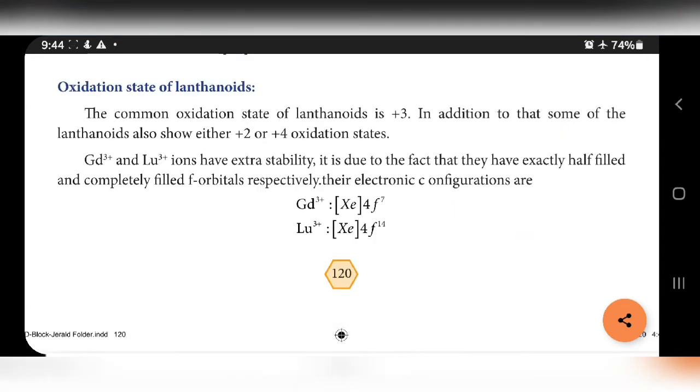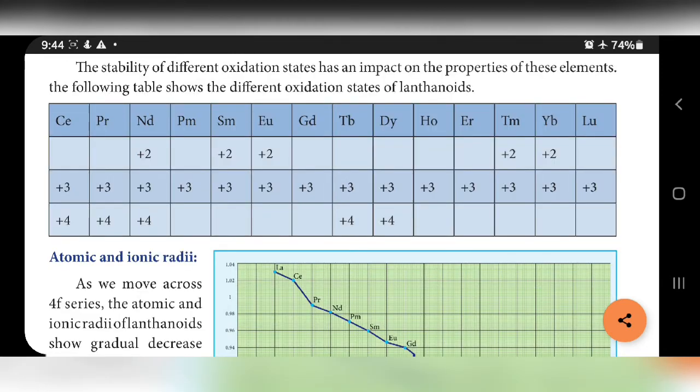Next heading, oxidation state of lanthanides. The common oxidation state of lanthanides is +3. See this table, the lanthanide series is given. Cerium has only +3 and +4, like that praseodymium has +3 and +4, and neodymium contains +2, +3, +4.